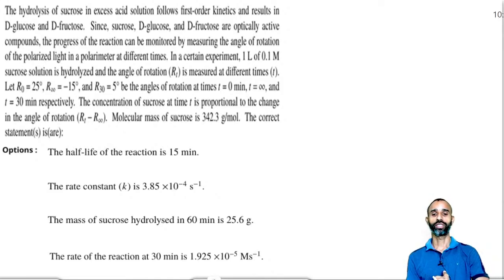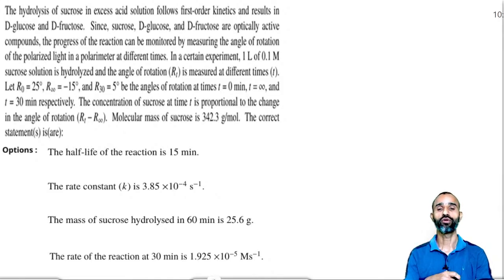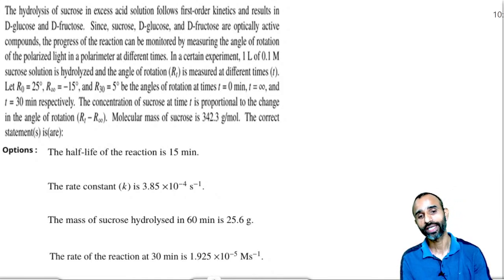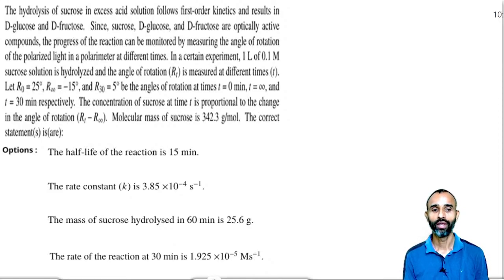Okay, this is the question for you. Hydrolysis of sucrose in excess of acid solution follows first order kinetics. That you know, it is a pseudo first order reaction and results in D-glucose and D-fructose.